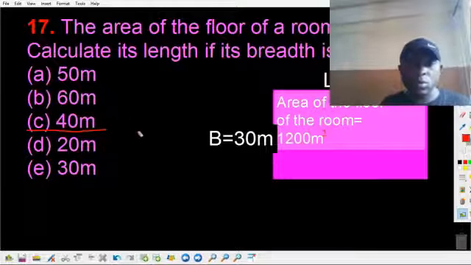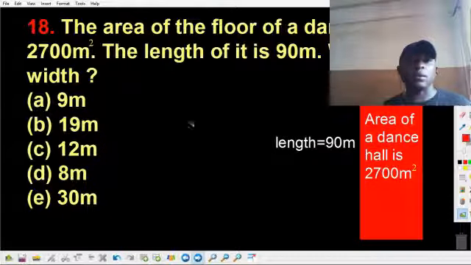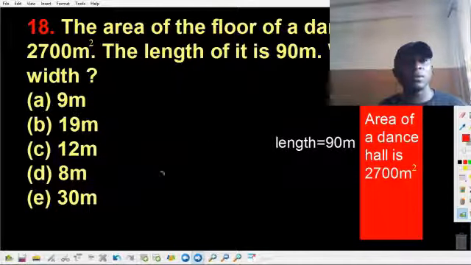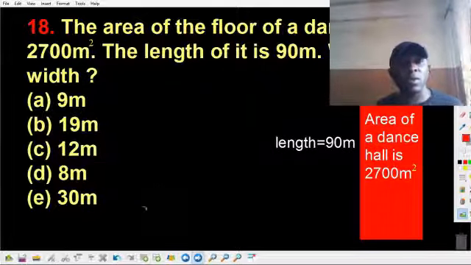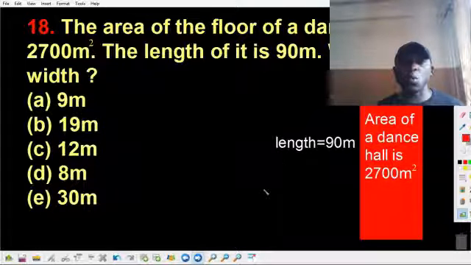Now let's proceed to number 18. The area of the floor of a dance hall is 2,700 meters square. Now the length of it is 90 meter. What is the width?